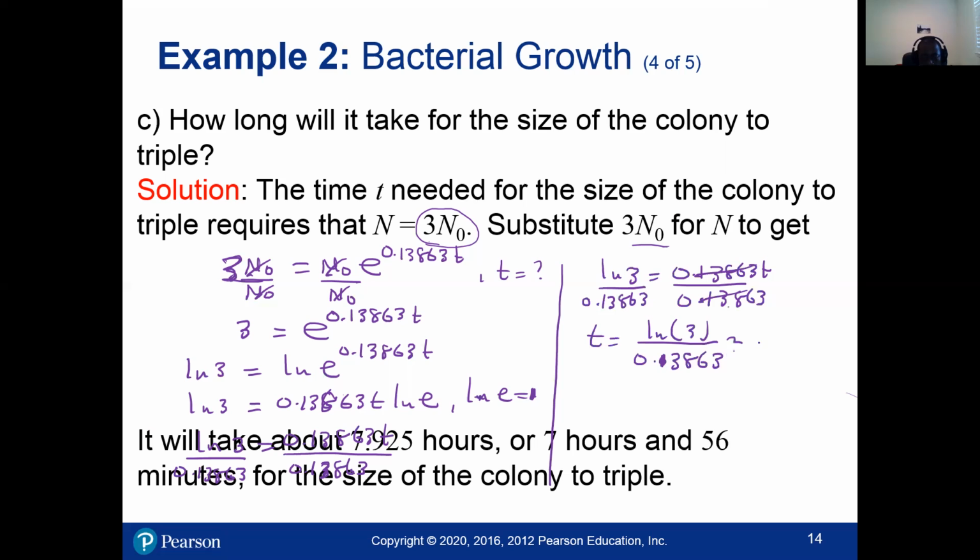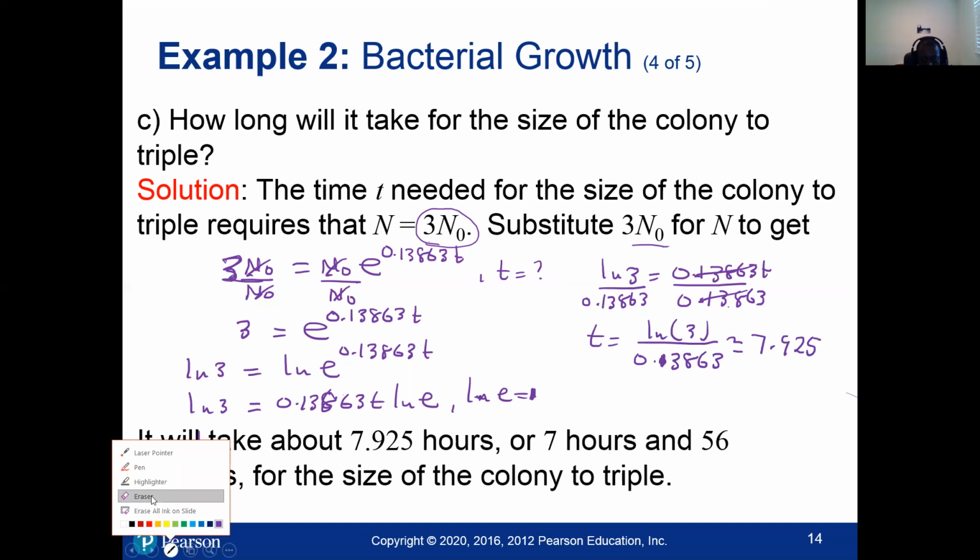And that's approximately 7.925 to 2 decimal places. So it will take about 7.925 hours. Or if you like, you can put this in terms of hours and some minutes if you want.